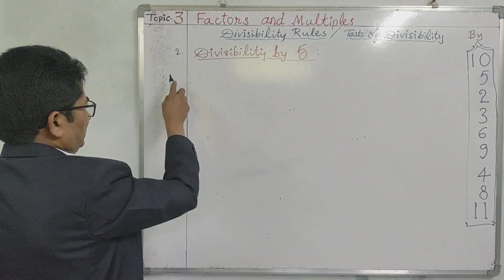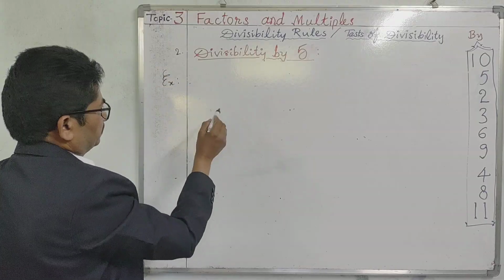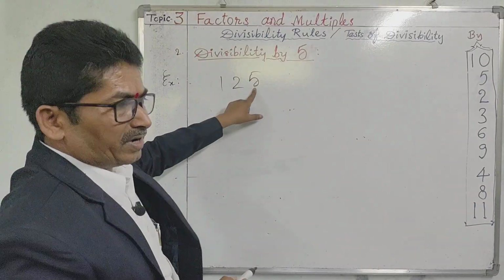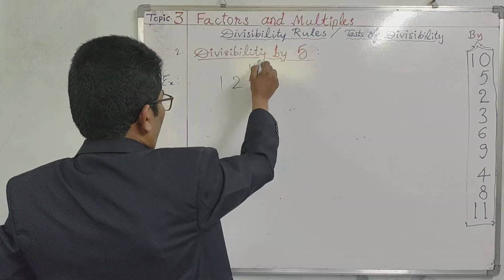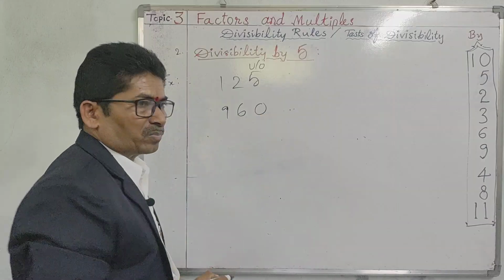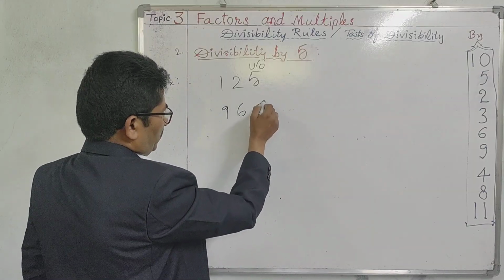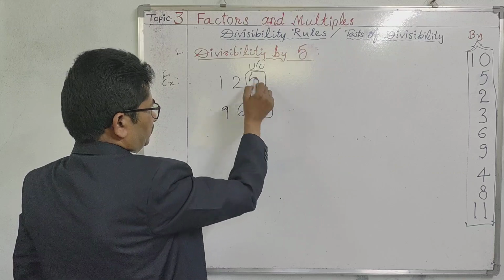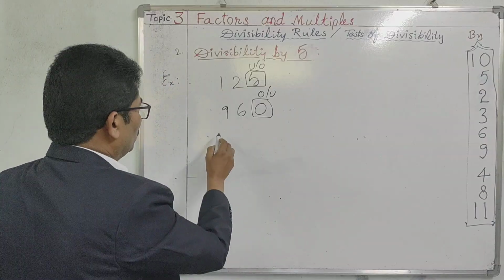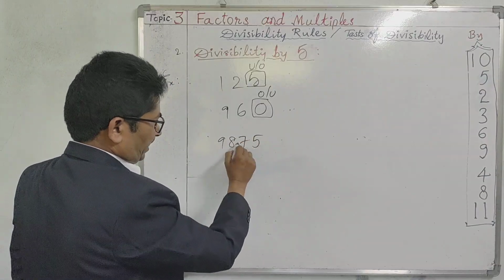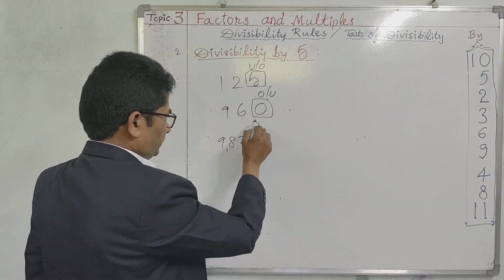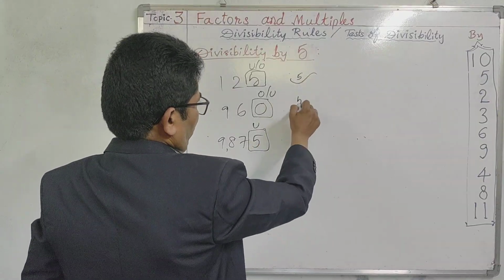Let us see examples to understand this rule. 125: here we have 5 in units place. 960: here we have 0 in ones place. 9,875: here we have 5 in units place. So these are all exactly divisible by 5.